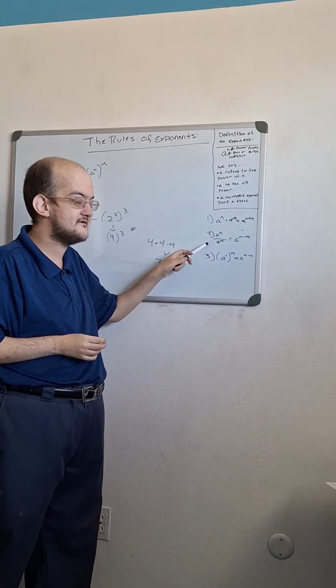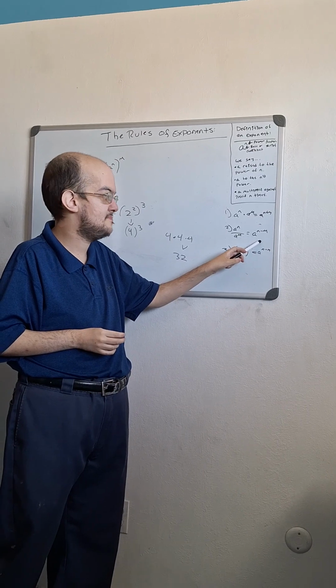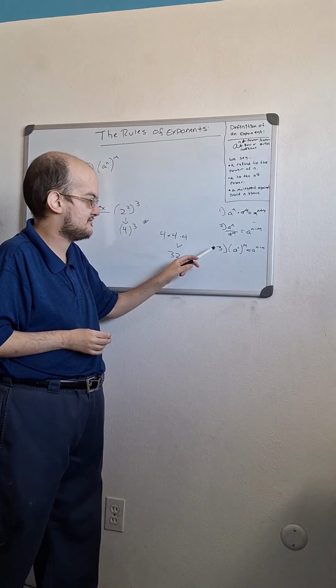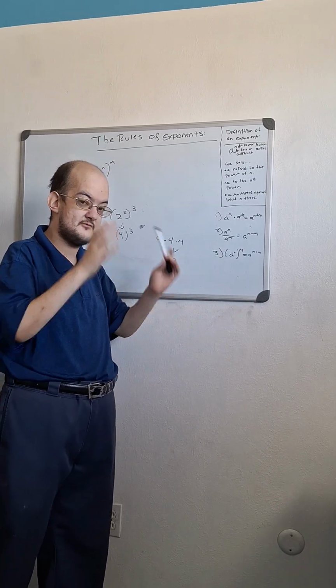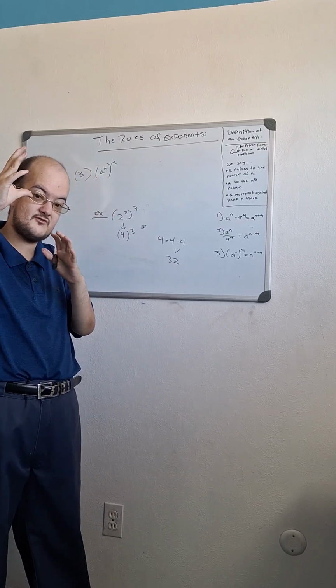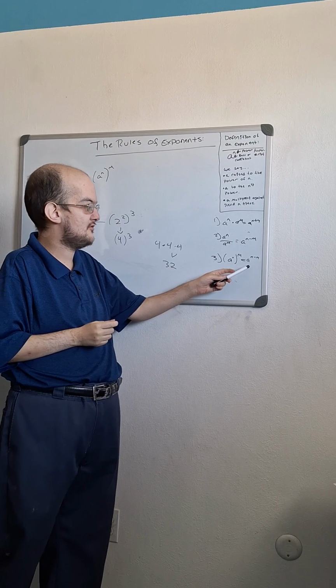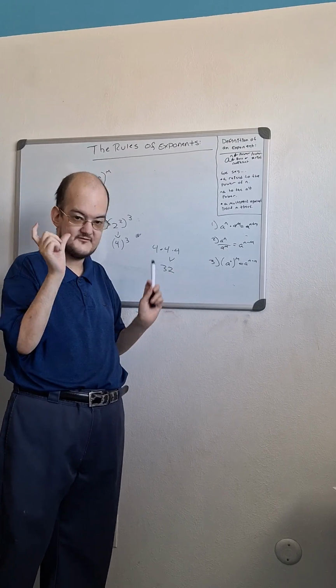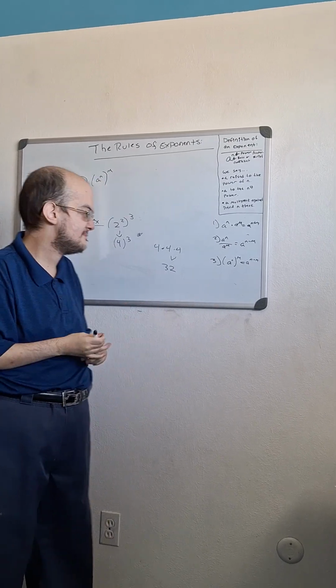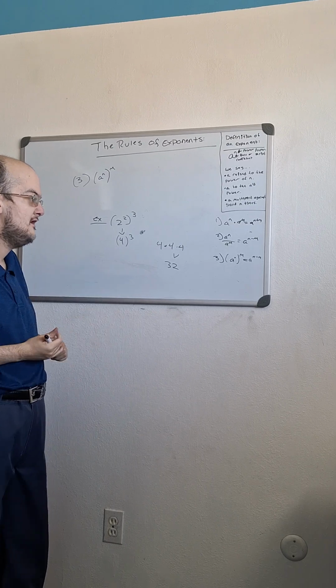If you are dividing two exponents, you're going to subtract the powers. If you are raising one exponent to another power, then you are going to multiply the two powers together. So it's very simple.